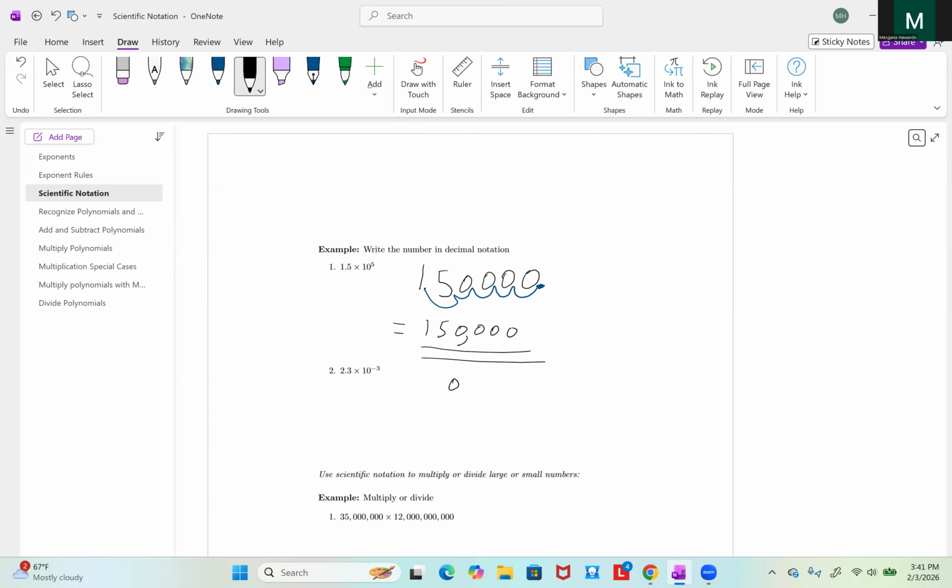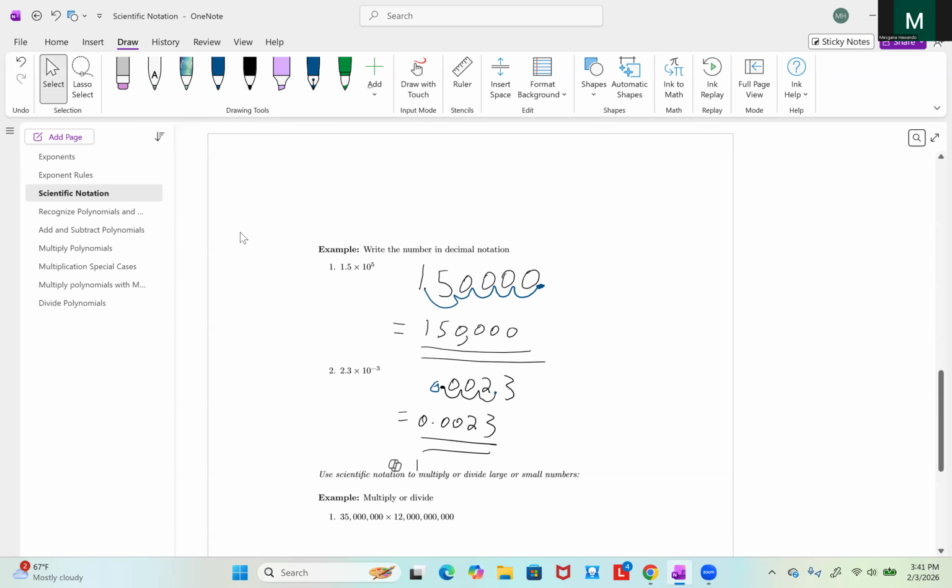We add however many terminal zeros we need, and we move the decimal place 1, 2, 3. So the number is 0.0023 in decimal notation.